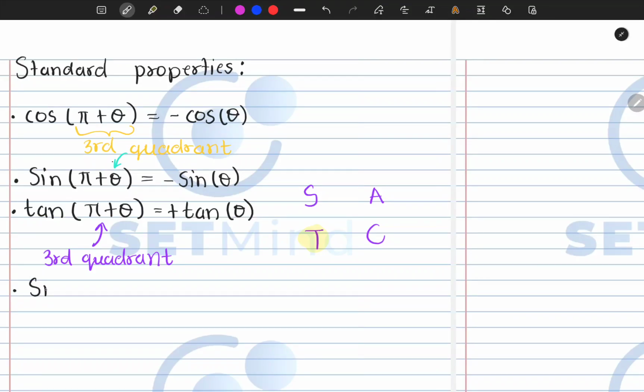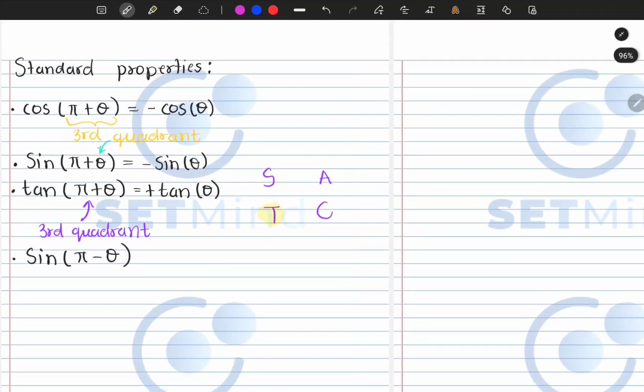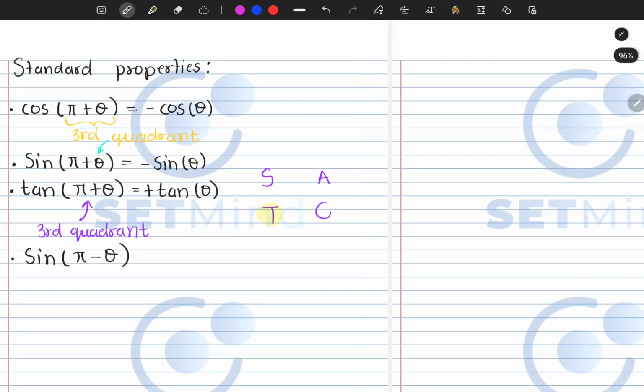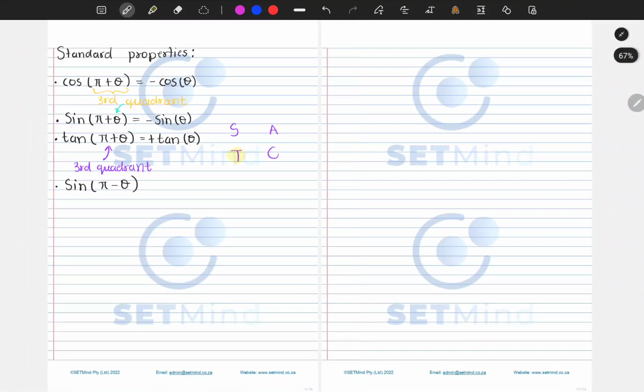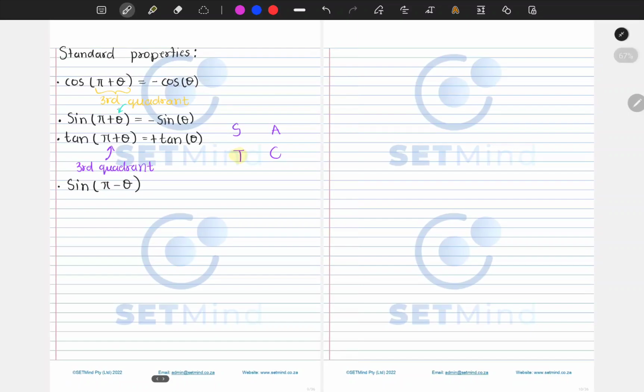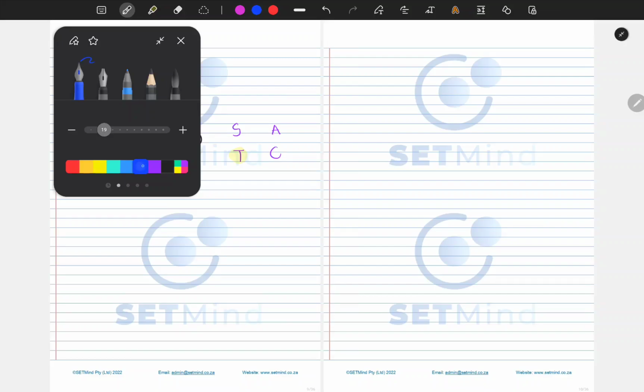And then we can go to sine of pi minus theta. Pi minus theta, you should now know that this is the same as 180 degrees minus theta. So the same way you are able to find your angle in degrees is the same way you should be able to think of your angle in radians.